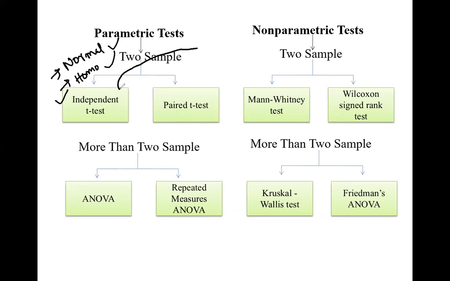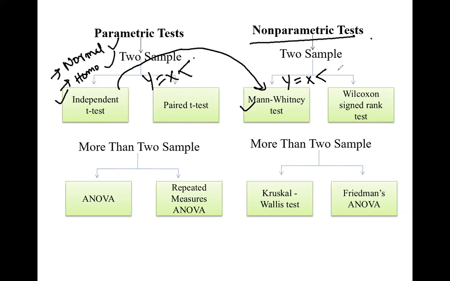I go for a non-parametric test, which is equivalent to the independent t-test, and the name of this test is the Mann-Whitney U test. The Mann-Whitney U test is not doing any new work. It is simply comparing two groups. In an independent t-test, we compare two means. But in a non-parametric test, continuous data is converted into ordinal and ranks of the data are created.